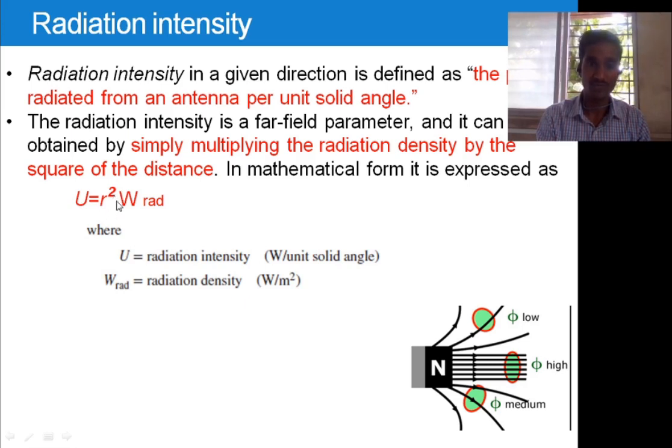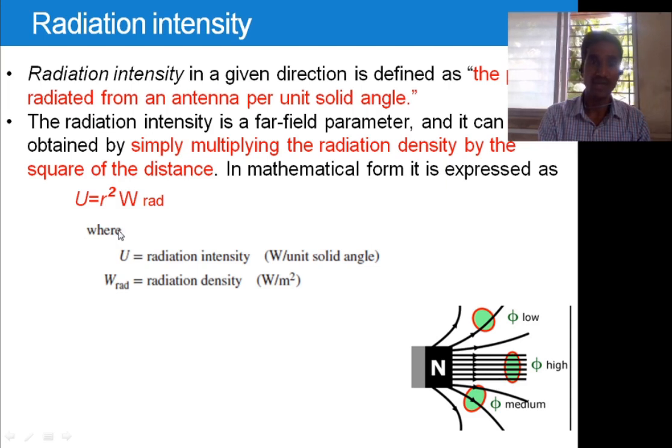R square multiplied by W radians, where U is the radiation intensity, that is, how much is the radiation intensity of the antenna, and W is the radiation density. Density means, like this, there is a low density, this is a medium density with two lines, and there is a high density because there are more than five or six lines.